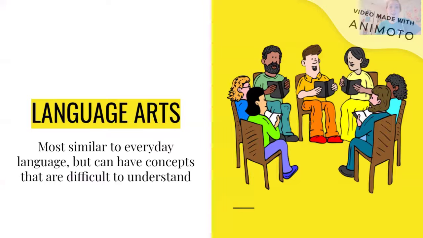The last of the major subject areas, language arts, which is my field, uses language that many students would recognize as the type of language that they use in everyday life. However, there are many different genres in the area of language arts, and authors may use language for different purposes, so students need to be able to distinguish the nuances in language based on the genre.